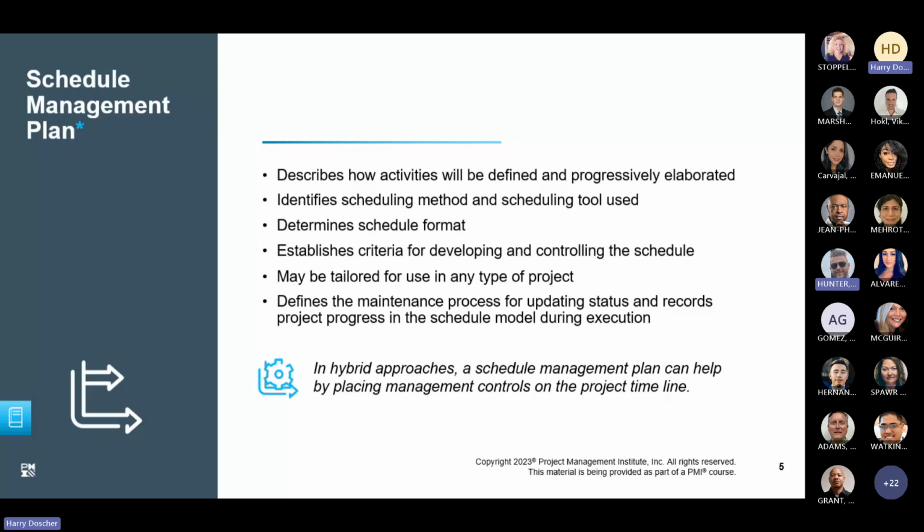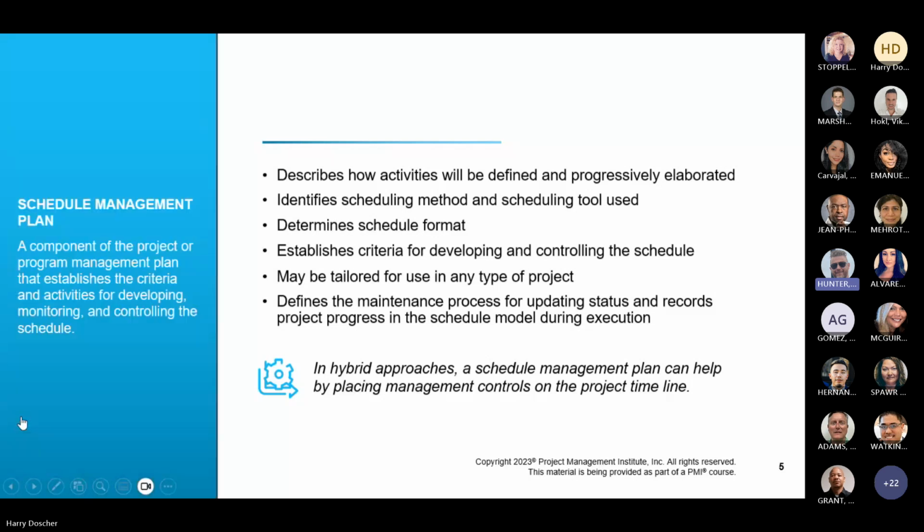Let's pull up the definition. So if you want to take a screenshot, and realize for predictive projects, the schedule management plan is a component of the project or program management plan. Okay.